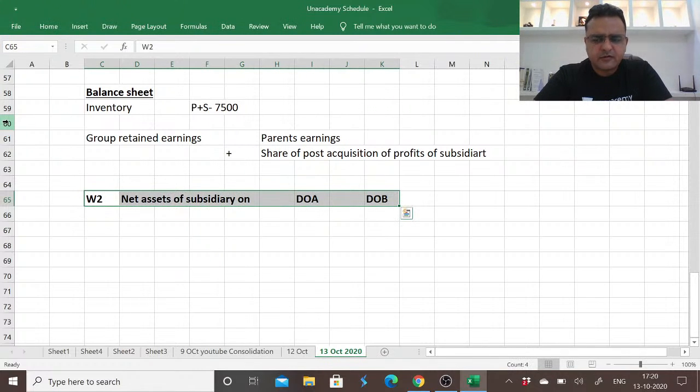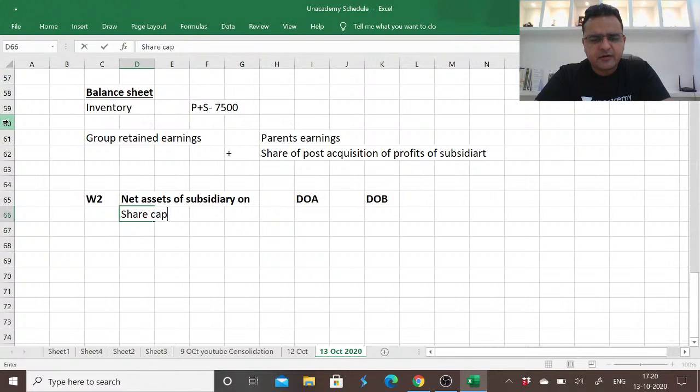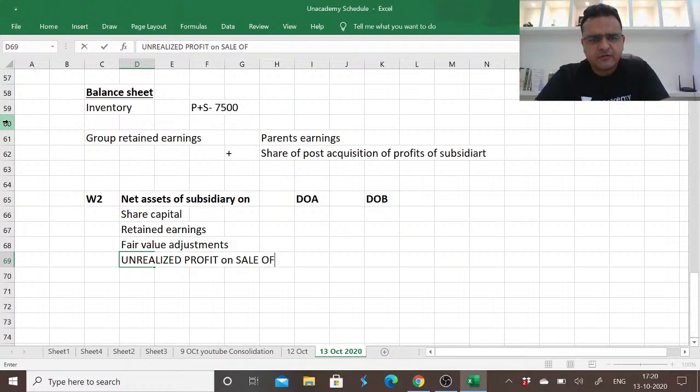In which they are representing their share capital, retained earnings, fair value adjustments. In that, if there is any unrealized profit on sale of goods, that is eliminated on the date of balance sheet figure as minus 7,500, and we'll get the total on date of acquisition and date of balance sheet.